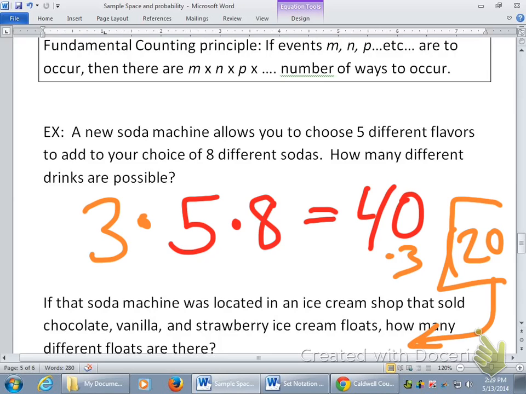Now, does that mean that this ice cream shop has 120 flavors of ice cream? No, but it means that if you were going to buy a float there, they could offer you 120 different choices without having to repeat themselves. Is that something that they would like to advertise? Probably. Think about some of your Subway commercials. They do like to advertise how many different choices you get.